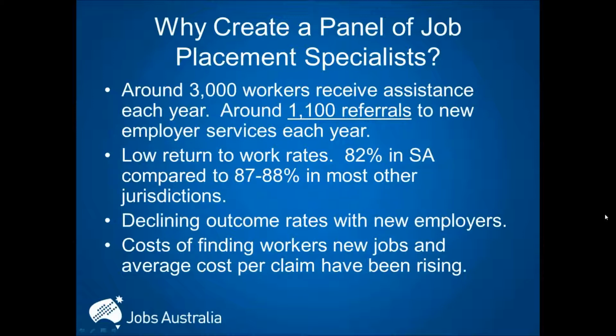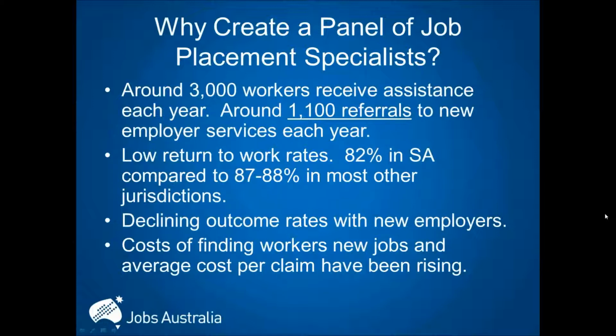So why is WorkCoverSA creating a panel of job placement specialists? Well, there's about 3,000 workers getting assistance each year under the Workers' Compensation and Rehabilitation Scheme, and there's about 1,100 that are new referrals each year to new employer services. So they're the people who are being referred to basically change jobs, who need a new job with a new employer.